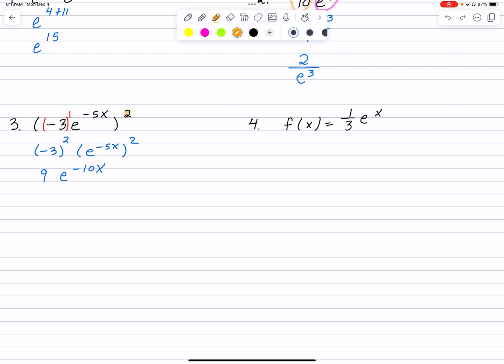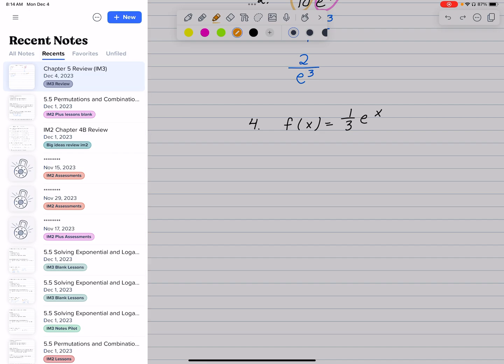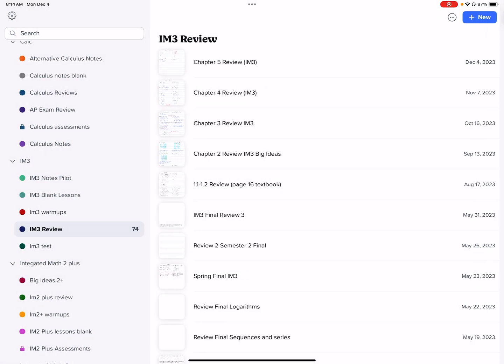What I mean by that is the number in front of x is a positive number. In this case, the number in front of the x is 1, so we have exponential growth. But on the other hand, if the number in front of the exponent had been -1, we'd have exponential decay. Okay? So let's go and graph this. I am going to need to grab a graph.